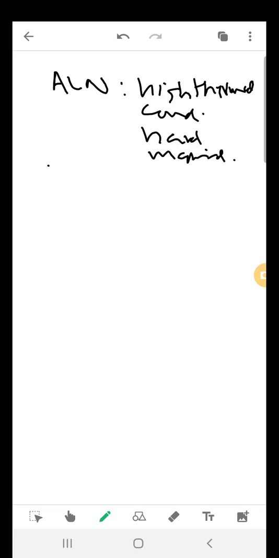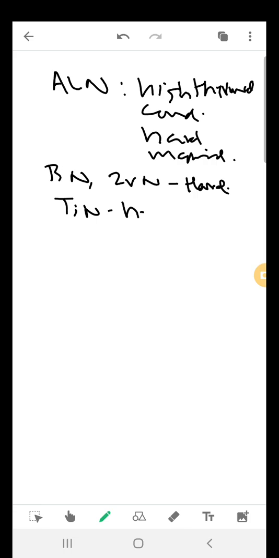Then you can have boron nitride, zirconium nitride. They are also very hard coatings, for metallurgical protective coatings. Titanium nitride, apart from being hard, is also low friction. The coefficient of friction is very low here.